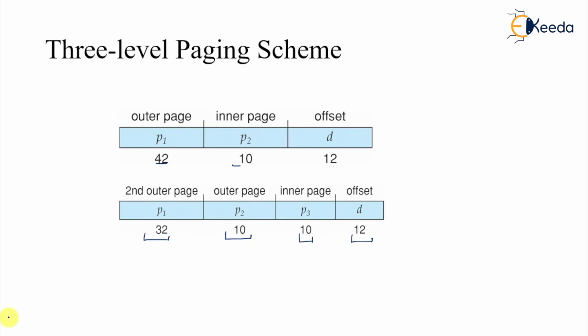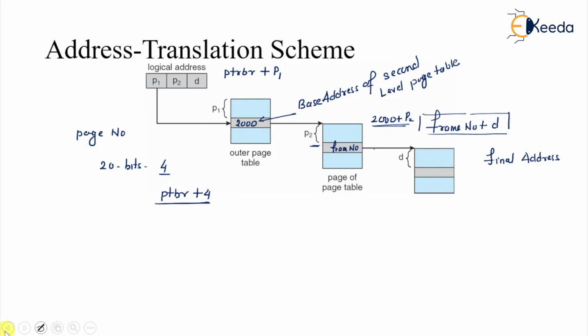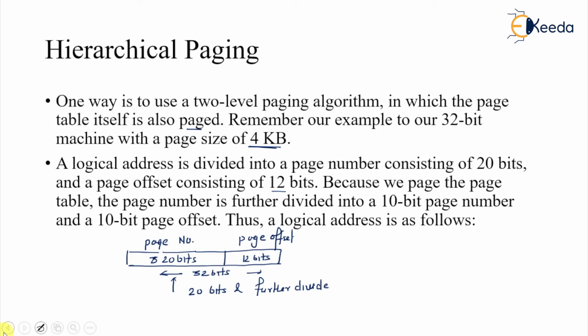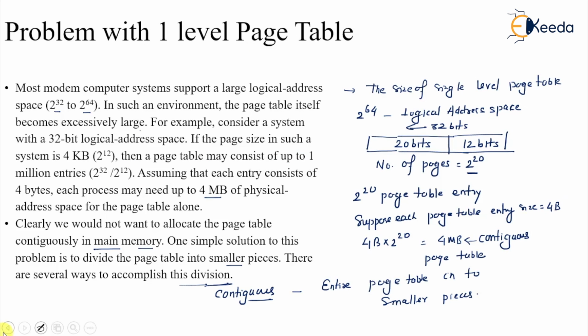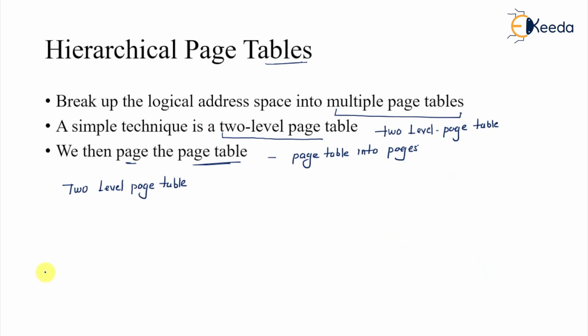So that is our discussion of how we are dividing this. We ran into the problem of contiguous memory allocation, requiring 4 MB of contiguous space, so we decided to page the page table. We divide it further, and this 20 bits is divided in this way, which we know as the forward page table.